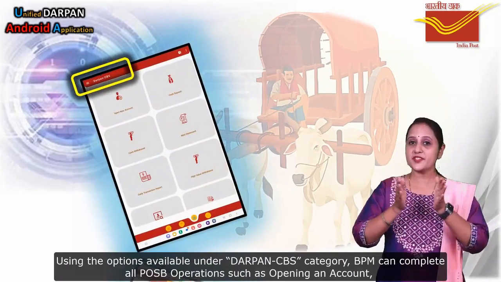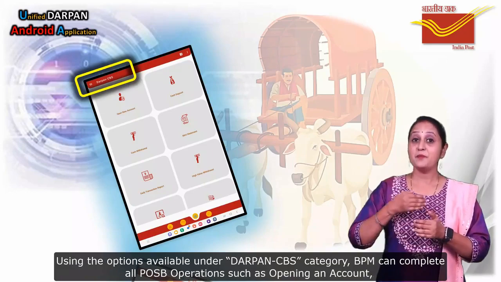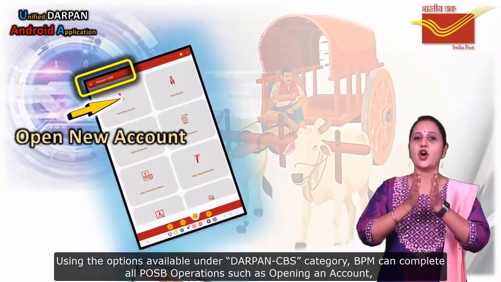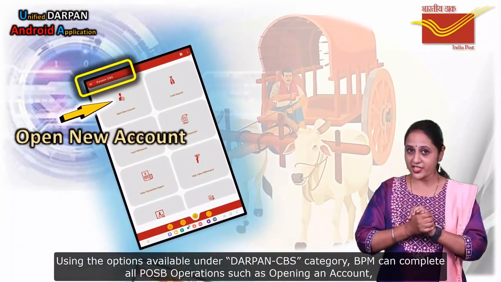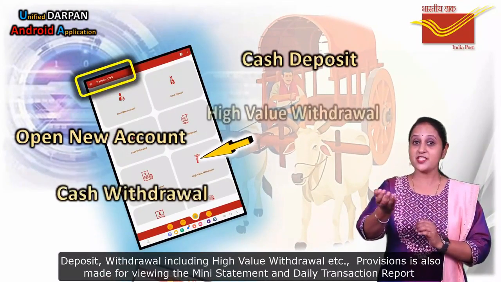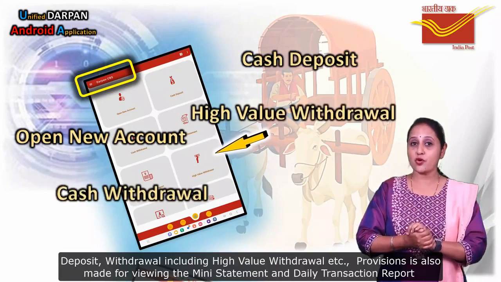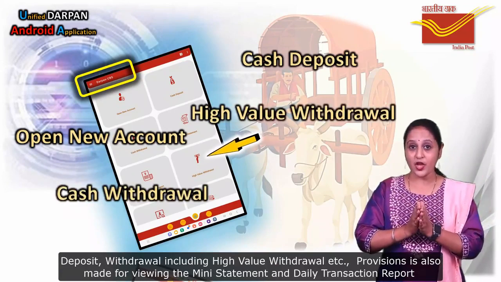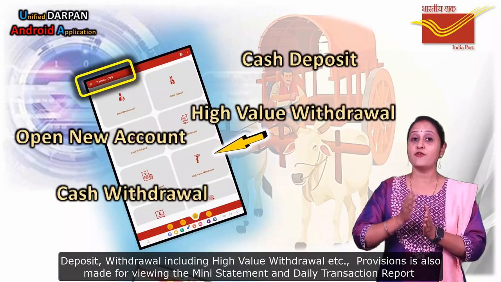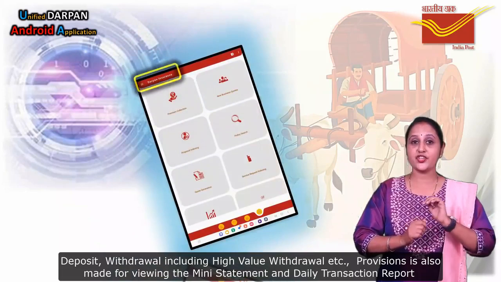Using the options available under Darpan CBS category, BPM can complete all the POSB operations such as opening an account, deposit, withdrawal, including high value withdrawal, etc. Provision is also made for viewing the mini statement and daily transaction report.